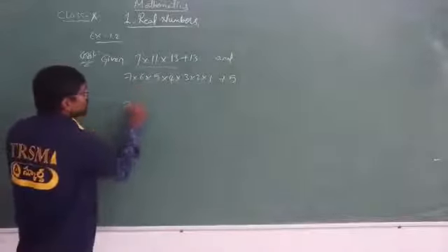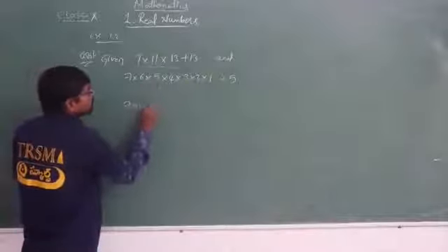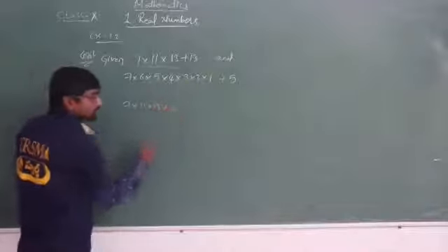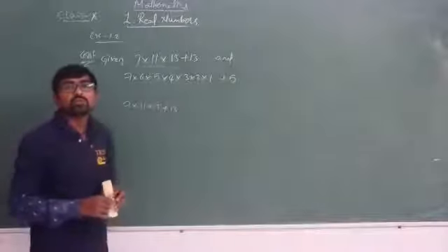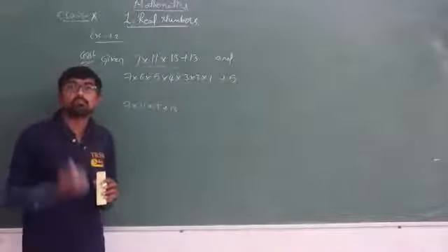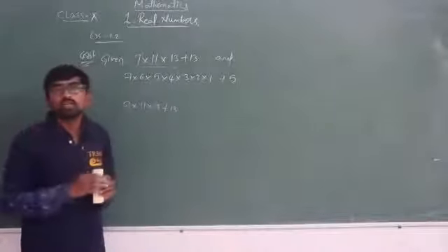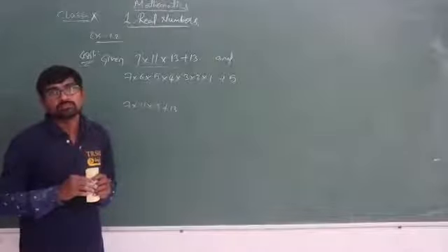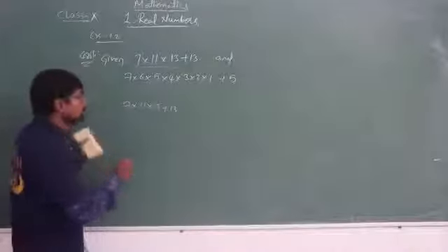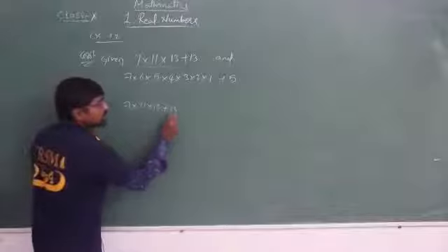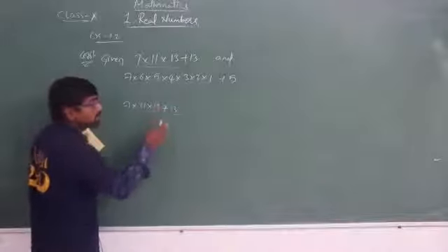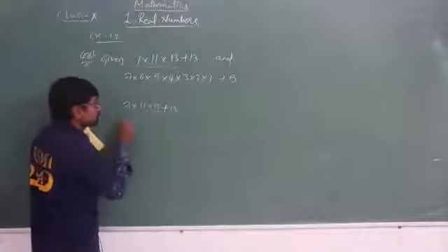So 7 into 11 into 13 plus 13. What do we know about composite numbers? Composite numbers are the numbers which have more than 2 factors. For that, as we have a plus symbol here, I can take 13 common.